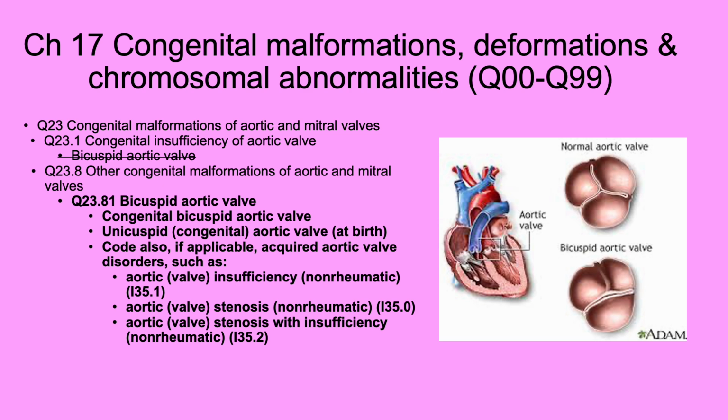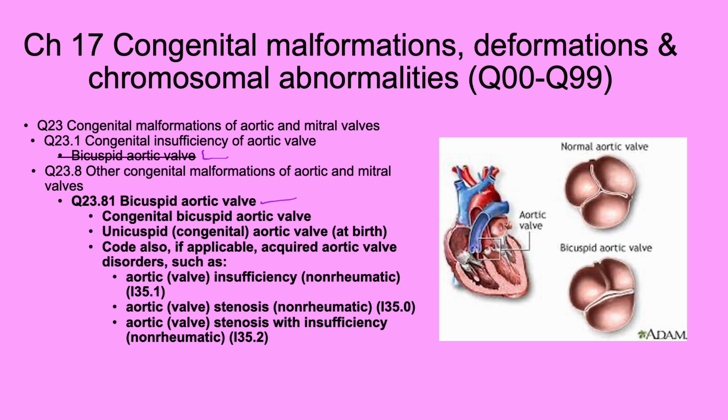Okay, chapter 17, congenital malformations, deformations, and chromosomal abnormalities. So this was an inclusion term under Q23.1, congenital insufficiency of aortic valve. So this was deleted as an inclusion term, and they added its very own code for itself.